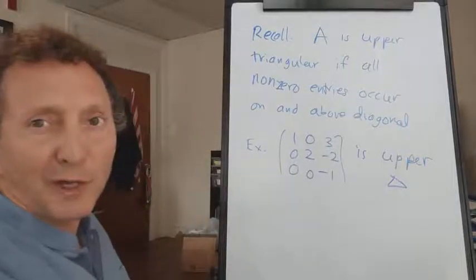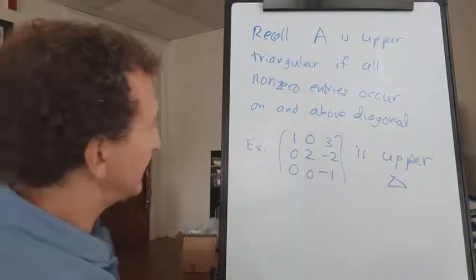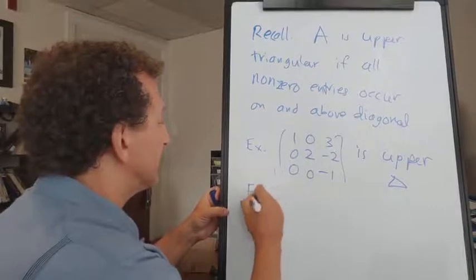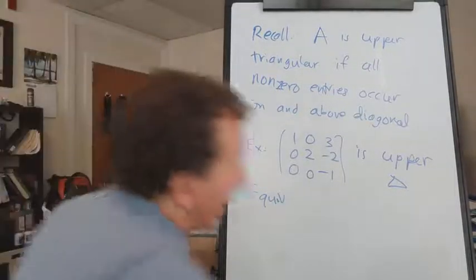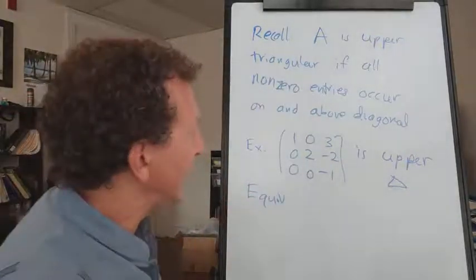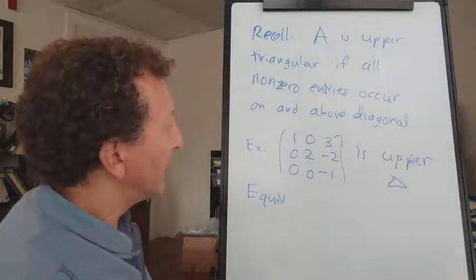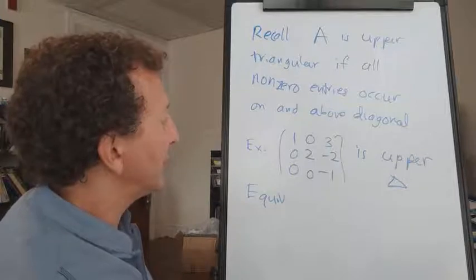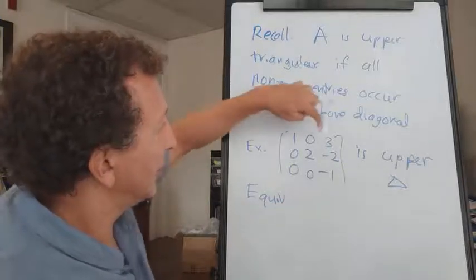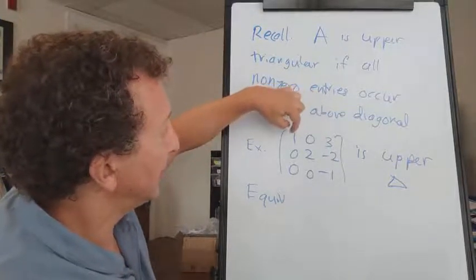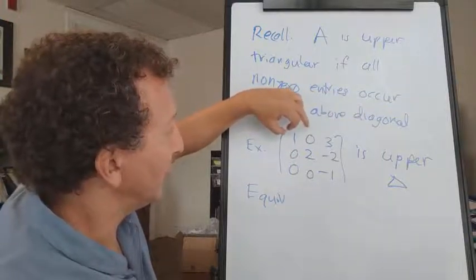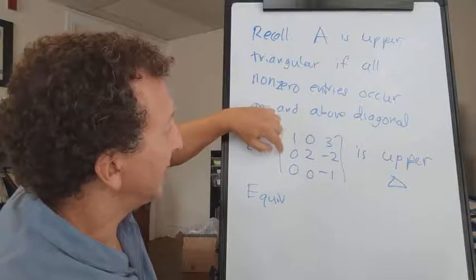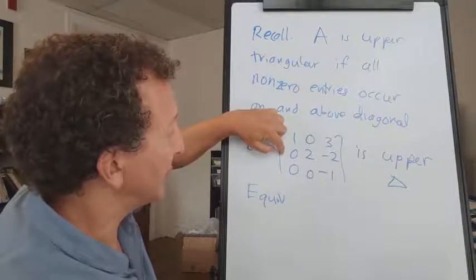Sometimes I'll just write a triangle for upper triangular. Now let's think about the indices i and j. So in the 1,3 position, we've got non-zero. In the 1,2 position, we have a 0. In the 1,1 position, we have a 1. In the 2,1 position, we have a 0.